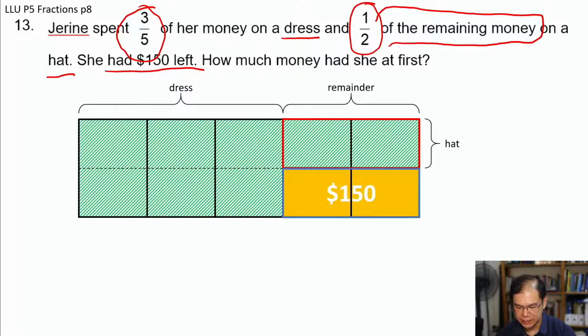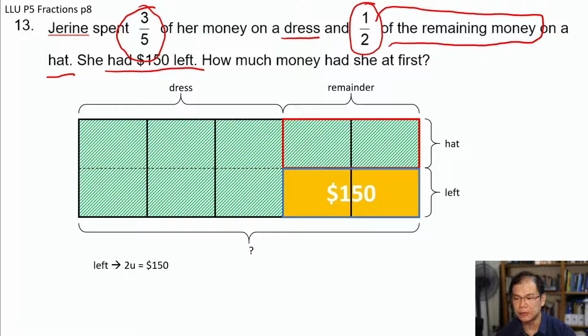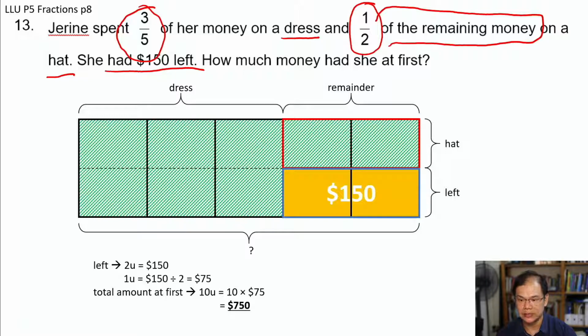Goes to the hat and left with $150. So 2 units is $150. 1 unit is 75. So total 10 units in this model. So 750, which is what we did just now. You get the same answer.